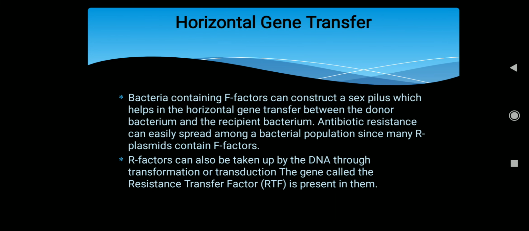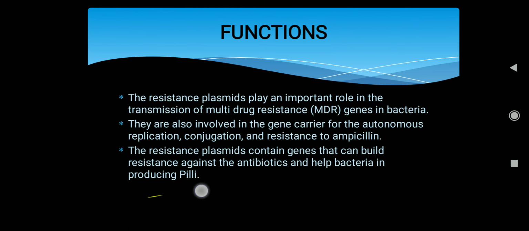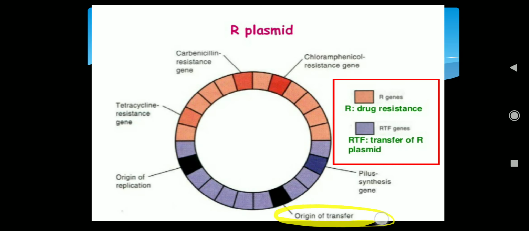Let us see the horizontal gene transfer. As I told you, R plasmids have a broad host range. Therefore, R plasmids can be transferred from one bacterial species to another bacterial species. So R plasmids will have the F factor in them. F factor means the factor that can transfer genes, the origin of transfer genes. Here we saw the origin of transfer genes, this region is actually our F factor.